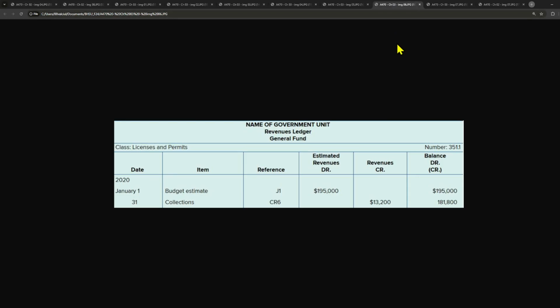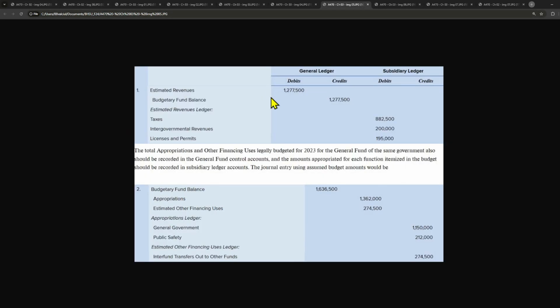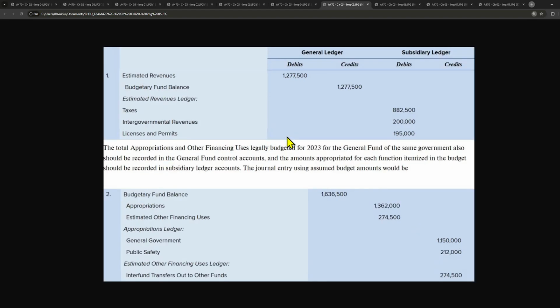Now, it is very common for you to want to know, okay, we set up in this sheet, I can make it a little bigger. In this sheet, we've estimated the amount of revenues, but they don't come in all at once, right? Some of them come in chunks, some of them come in as amounts over time.